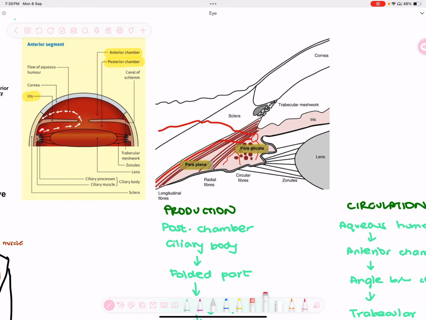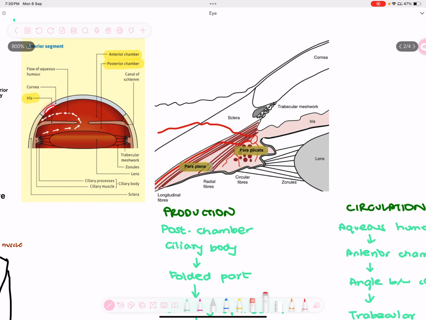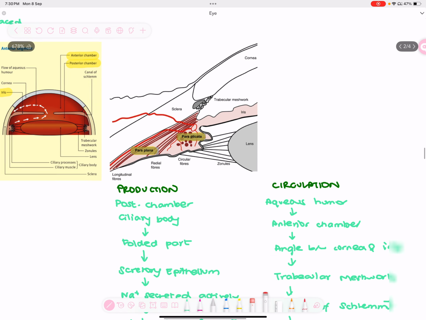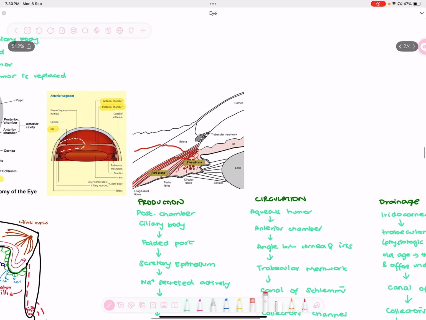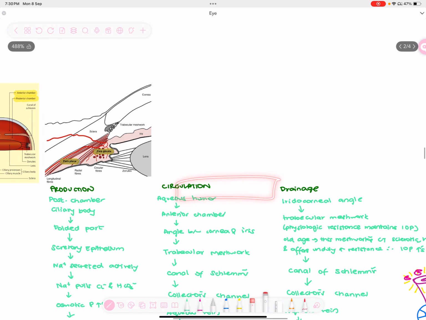So it's produced into the posterior chamber. From the posterior chamber, all of that flows to the anterior chamber, right? And in the anterior chamber, there is this angle between the cornea and iris. This is also known as the iridocorneal angle.